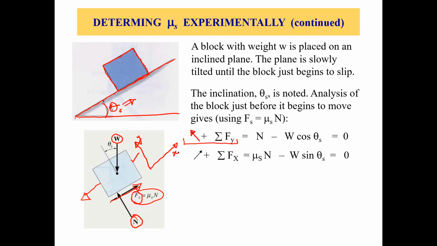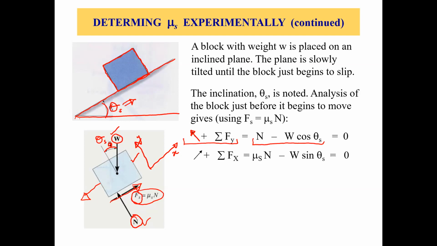And if you do that, what forces do we have in the y direction? We have this normal force N and the y component of the weight. So we have N minus W cosine theta s, because this is your theta s, so the y component will be W cosine theta. Equals 0. This is our sigma Fy.